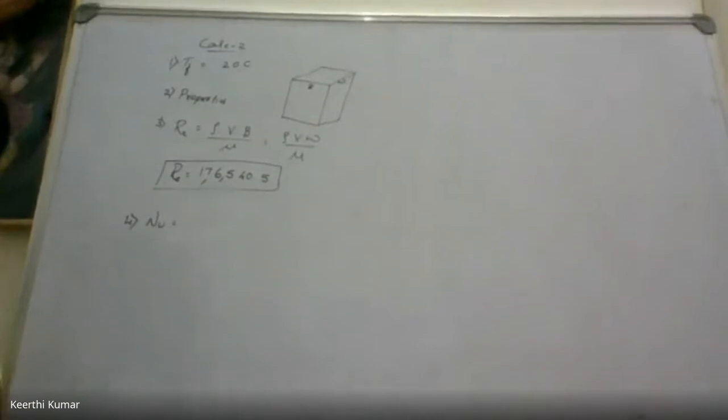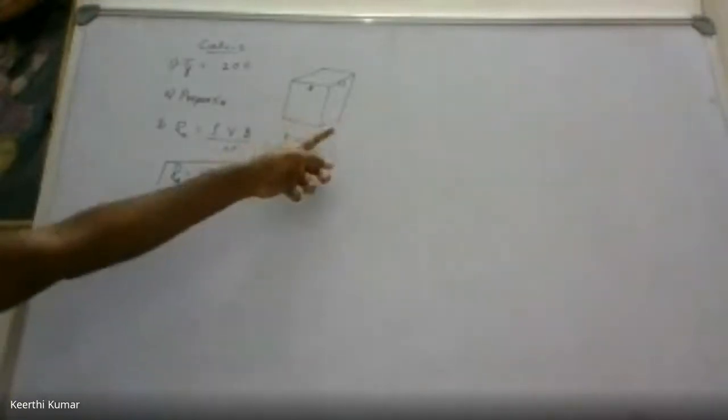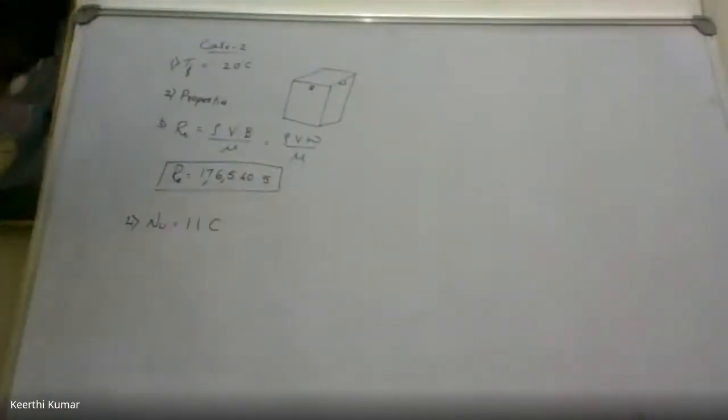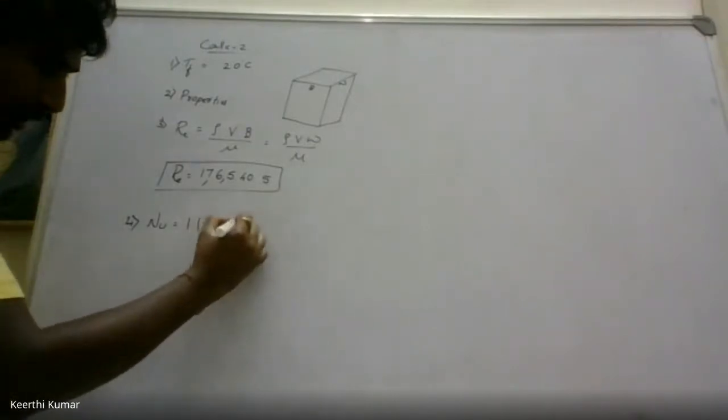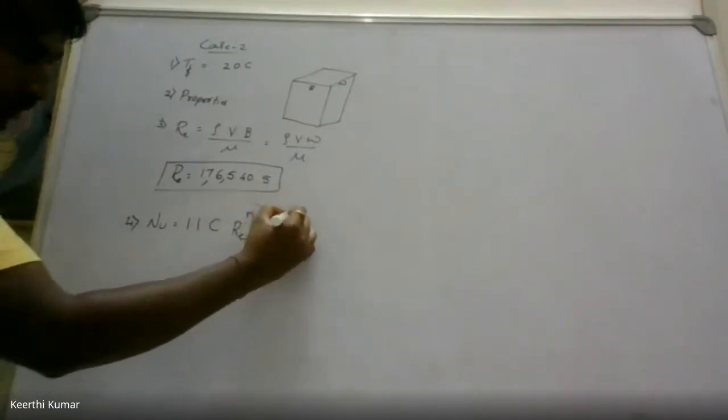See, in page number 115, you check out equation number 2.1.2. It is given clearly there: flow over non-circular shapes. Now the shape we have is a non-circular one. It is a square shape. So what is the Nusselt number formula for that? For a non-circular shape, the Nusselt number is 1.1 into C, Re to the power of N, Prandtl number to the power of 0.333.